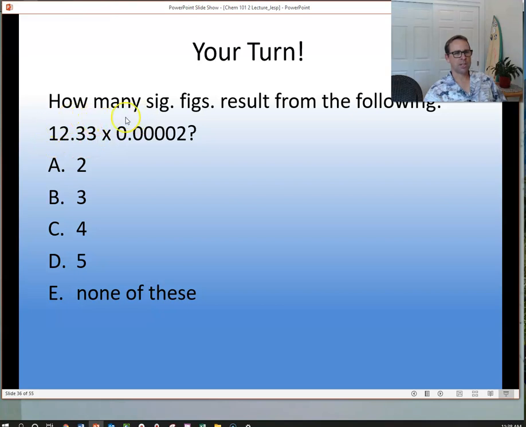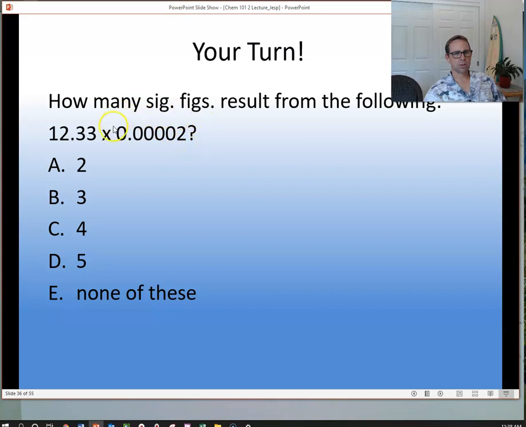How many significant figures does this number have? No, it's just the one. Just one significant figure, that 2. All the zeros in front are not significant figures. Does that make sense?